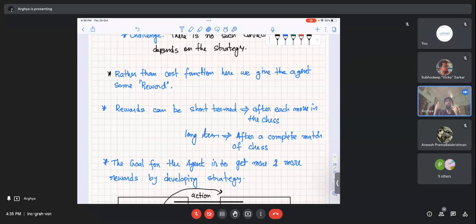Or you can give it a long term reward, which is that if you win the full match after this full set of decision making, once you either die or win the match, I will give you more points. For example, if the snake dies after getting long enough, then you get more points than the short length snakes dying; short length snakes just give a small reward, that kind of thing.